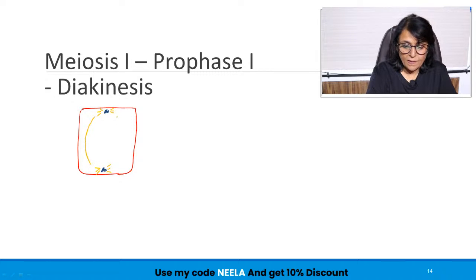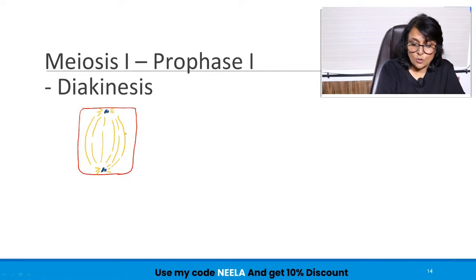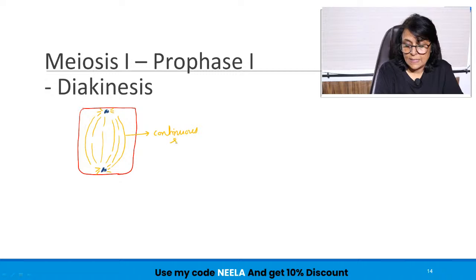This is how the spindle fibers are going to be. The same type of spindle fibers, chromosomal and the continuous one. So this one is the continuous spindle fiber. The smaller rays are the aster rays.